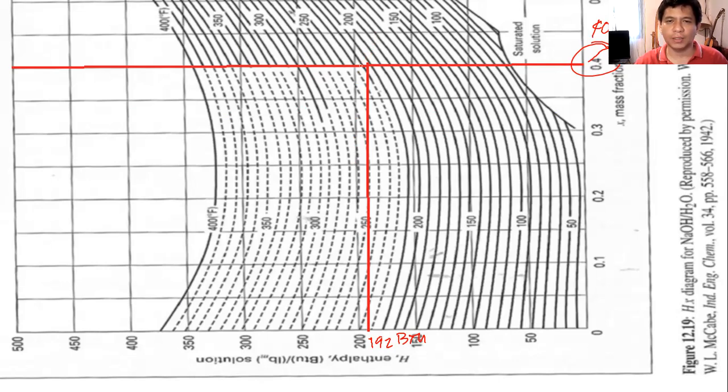So the answer is between 210 and 220. What is the answer in the book? In the book, the answer is from 210 to 220.